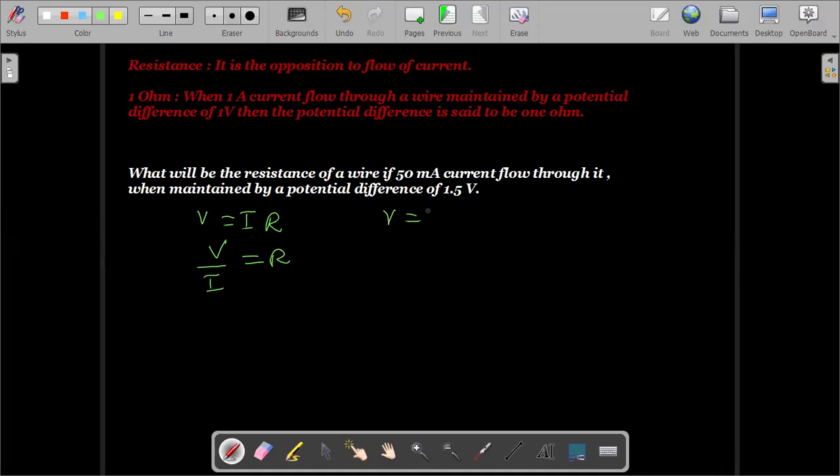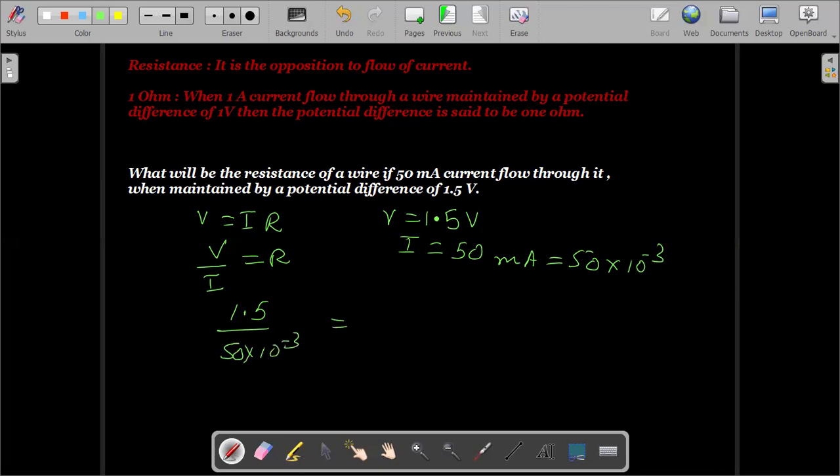We are given potential difference as 1.5 volt and the current is given as 50 milliampere. So 50 milliampere means we convert this into ampere, which is 50 multiplied by 10 to the power minus 3. Milli means 10 to the power minus 3. Now keep the values over here. R will be equal to 1.5 divided by 50 multiplied by 10 to the power minus 3.